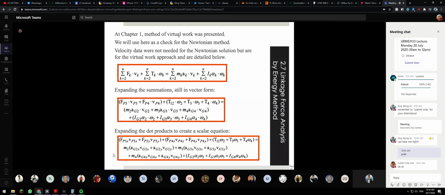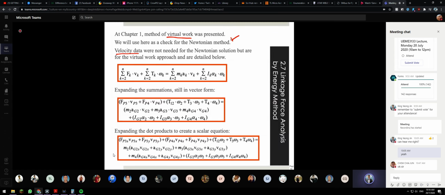What you are interested in is only the torque in the system. Okay, so one of the methods we can use is virtual work. Okay, so velocity data is needed if we are using virtual work.